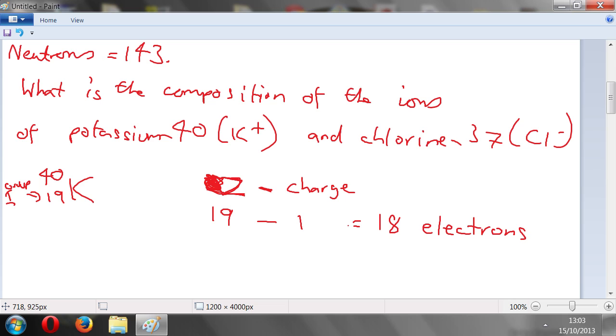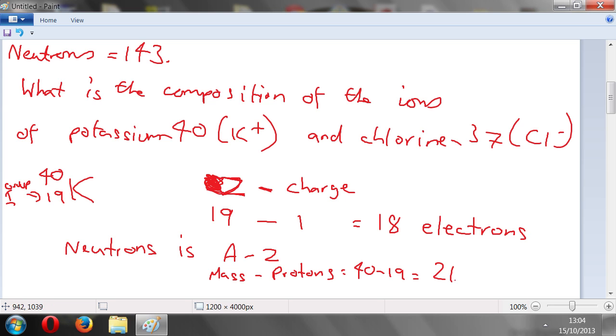The neutrons is A minus Z, so mass minus protons. We look back and see the mass is 40 and the number of protons is 19. 40 minus 19 gives 21 neutrons.